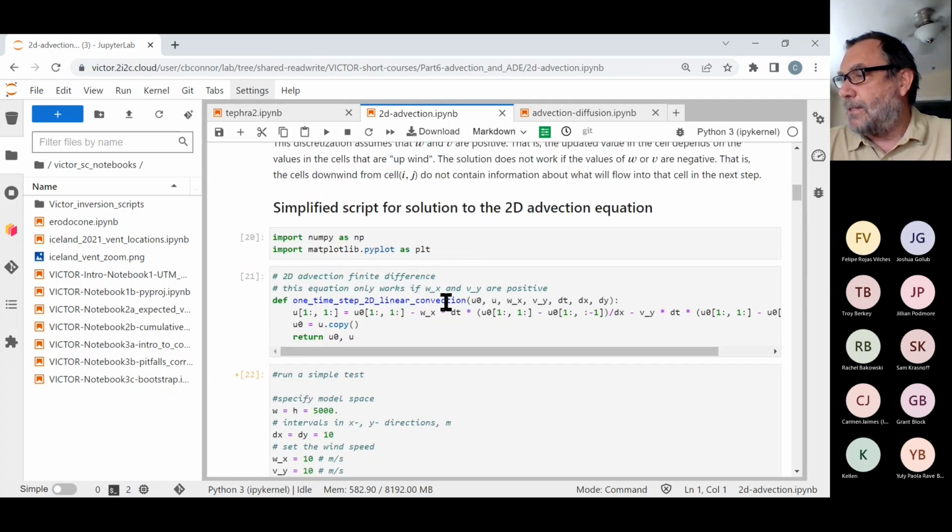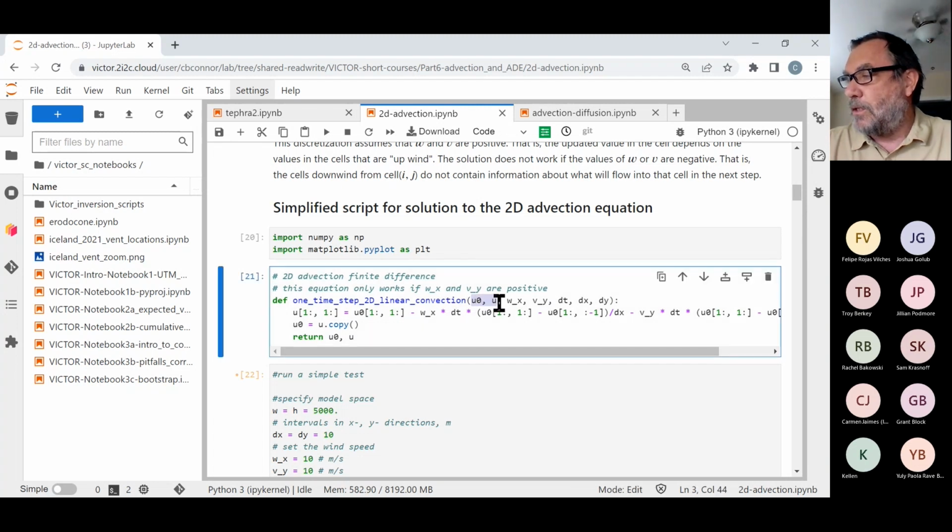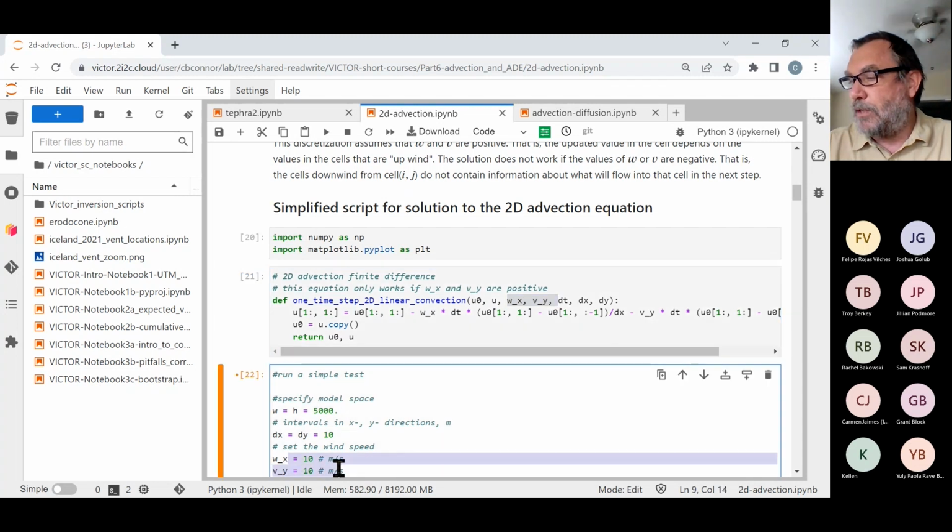Now, okay, so we're passing this function U naught and U, which are those numpy arrays we just created a minute ago. We're passing it W, X, and Vy. Those are the components of the wind velocity field. In this program, those are constants.